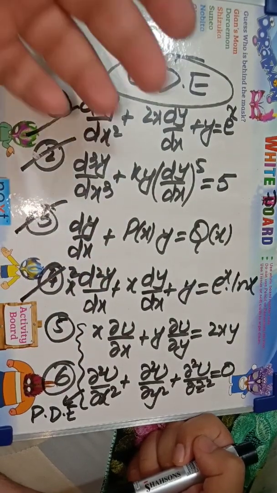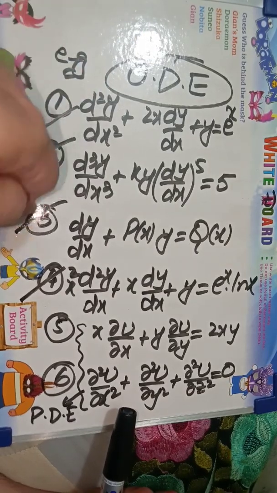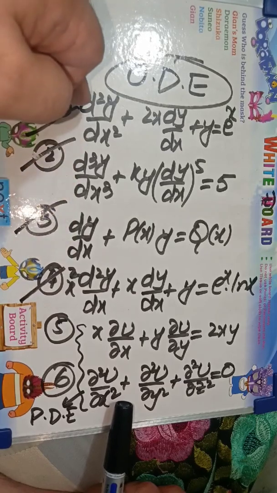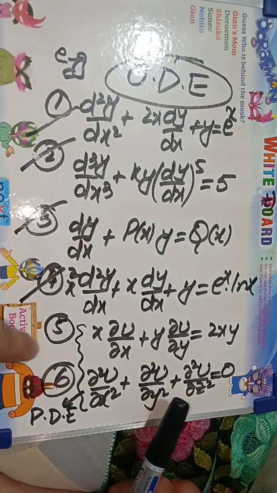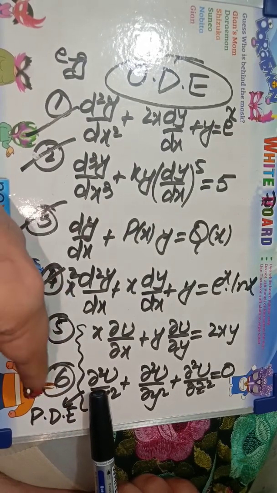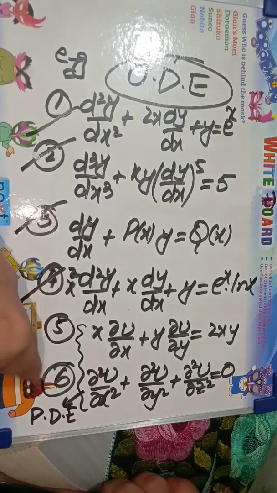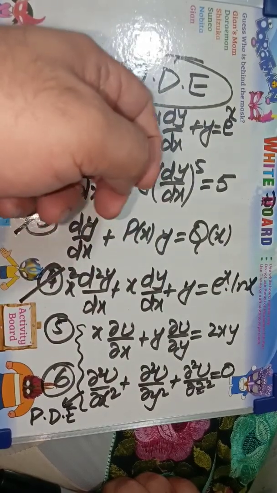And what is the independent variable here? In the first four examples, the independent variable is x, and in example number 5 there are two independent variables, x and y, and in the last example 6, the independent variables are x, y and z.